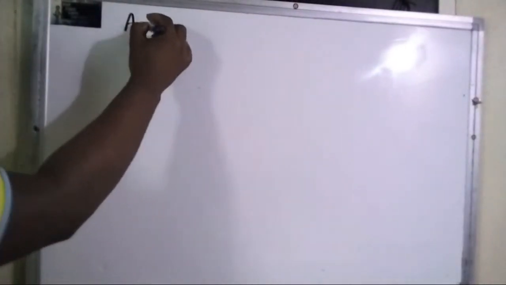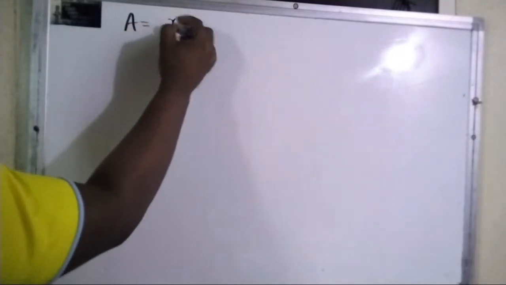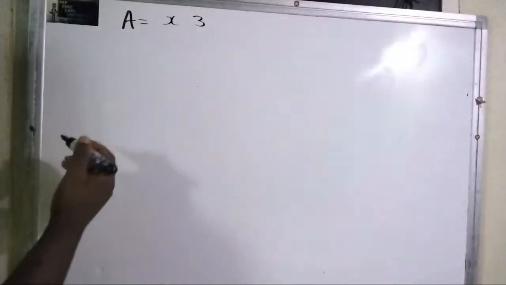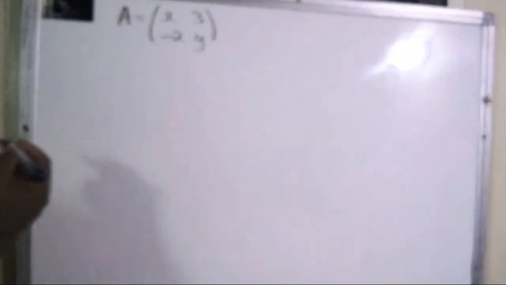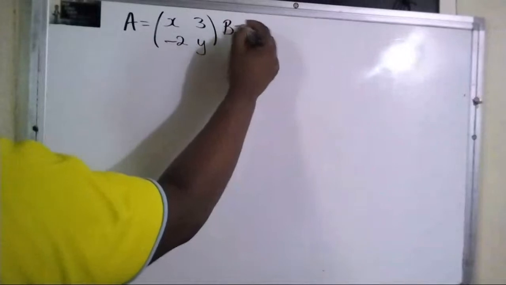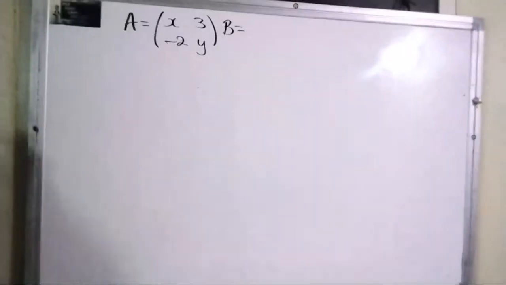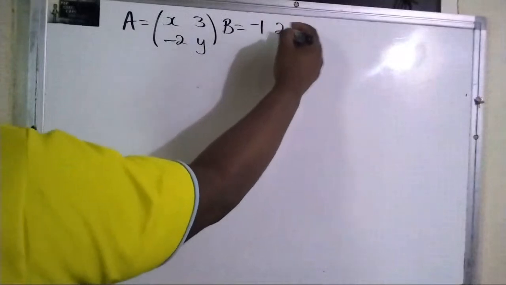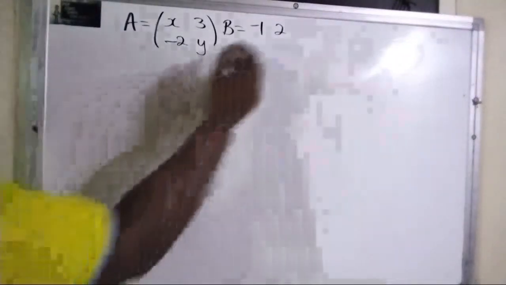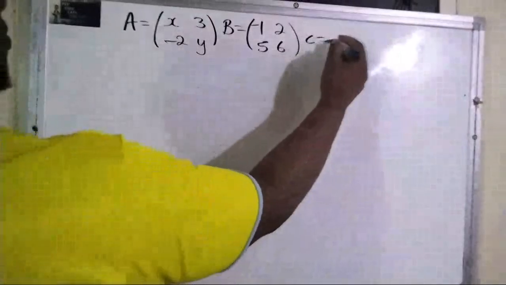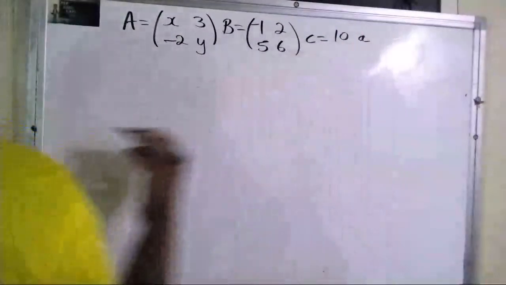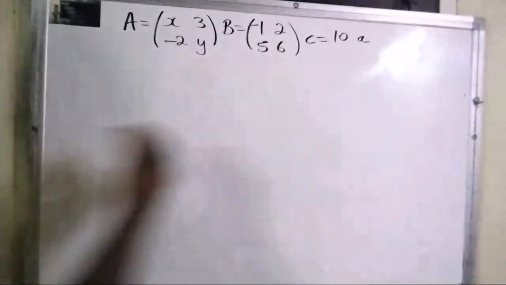So A is equal to x 3 negative 2 y, and B equal negative 1, 2, 5, and 6. C equal to 10, A, B, 14.